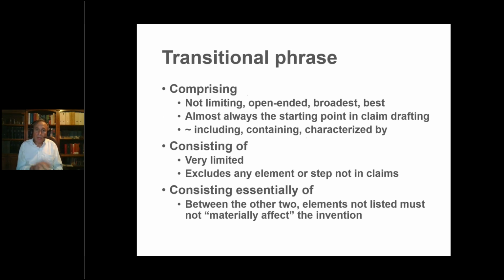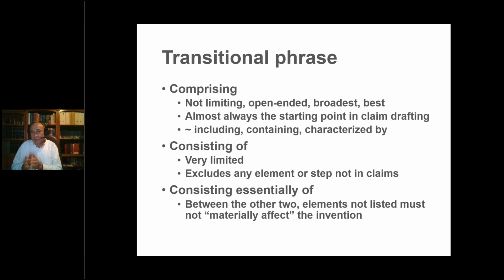Following the preamble, we have one of 3 transitional phrases. And this is a really important concept, okay? Because you're going to have your preamble, and then it's going to say comprising, or it's going to say consisting of, or it's going to say consisting essentially of. Those are your choices, A, B, or C. You don't get more than one.